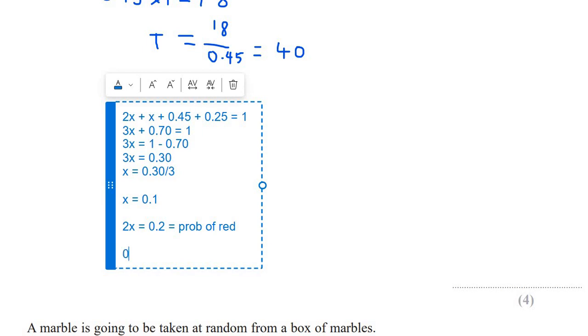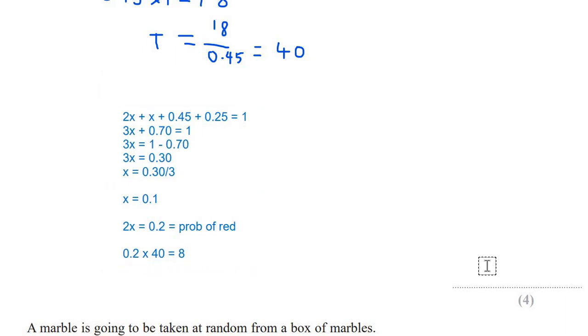Now 0.2 times the total number of counters, which is 40, will give us the actual number of red counters, which is 8. So the answer is 8 red counters.